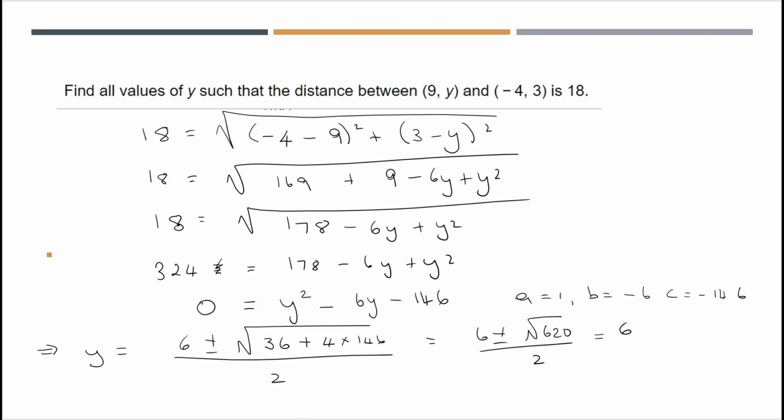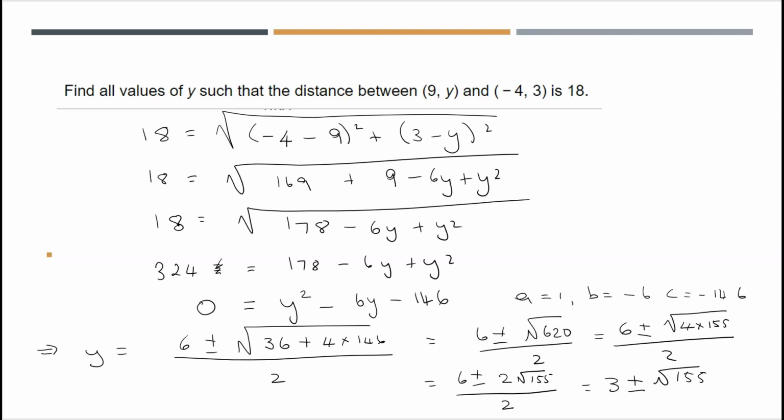So what we would do is we'd probably use your calculator to do this, but 620 is 4 times 155, and then you could say that that's 6 plus or minus 2, because the square root of 4 is 2, root 155 over 2, and now you can cancel out the common factor of 2 and write 3 plus or minus square root of 155. Now, that's fine for your answer.